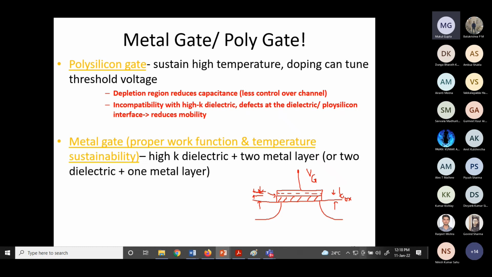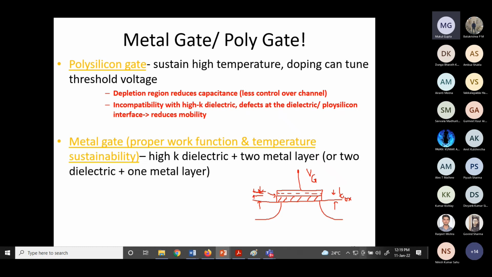Now this is not a problem when it is a long channel device. The thickness of the oxide is quite high, and the thickness of this depletion region is very tiny, so we don't bother about the depletion region in the polysilicon.